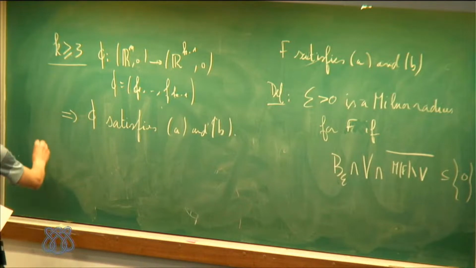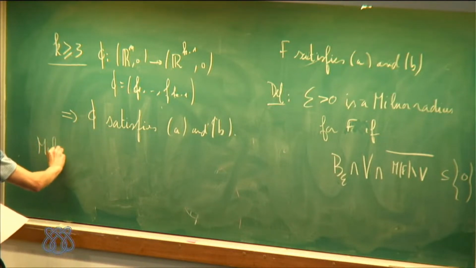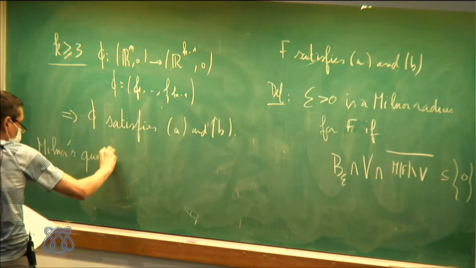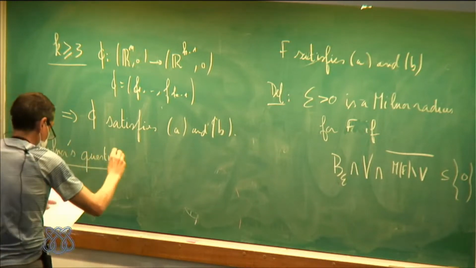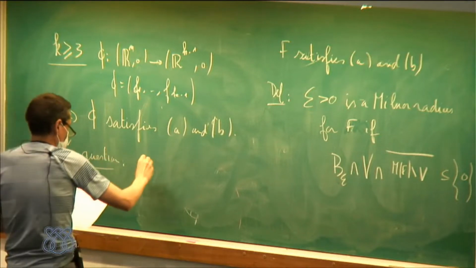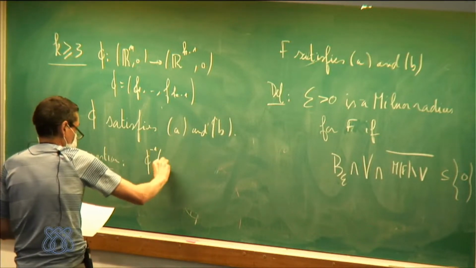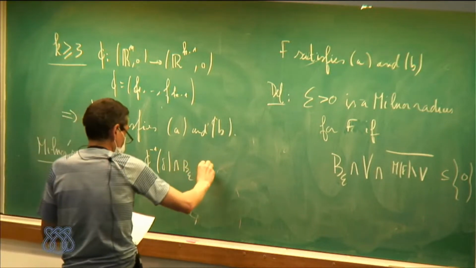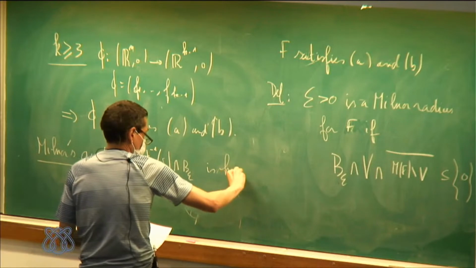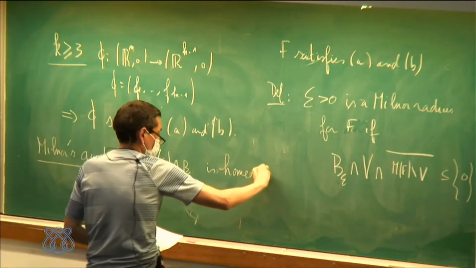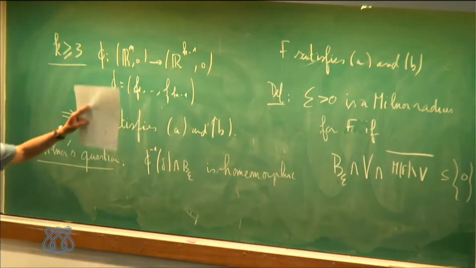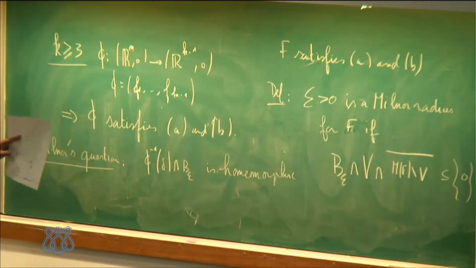So Milnor's question: the Milnor fiber of phi is homeomorphic to the Milnor fiber of f, of the initial mapping, times an interval.